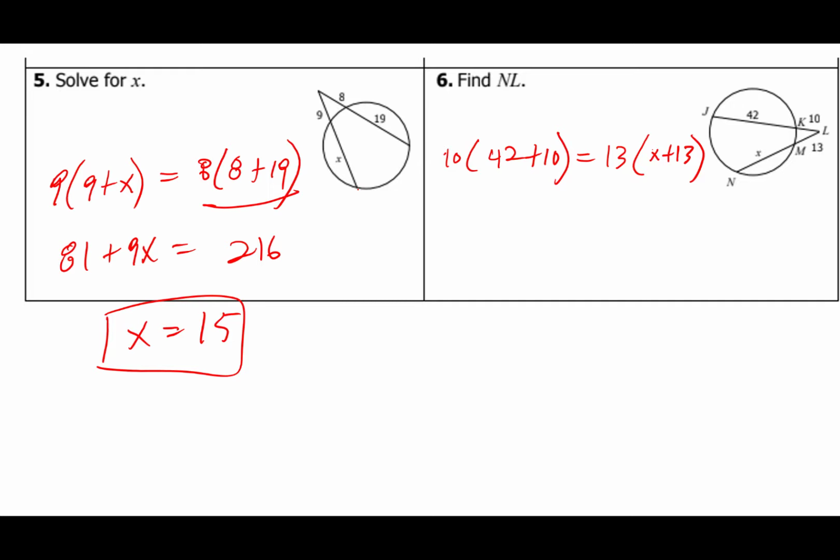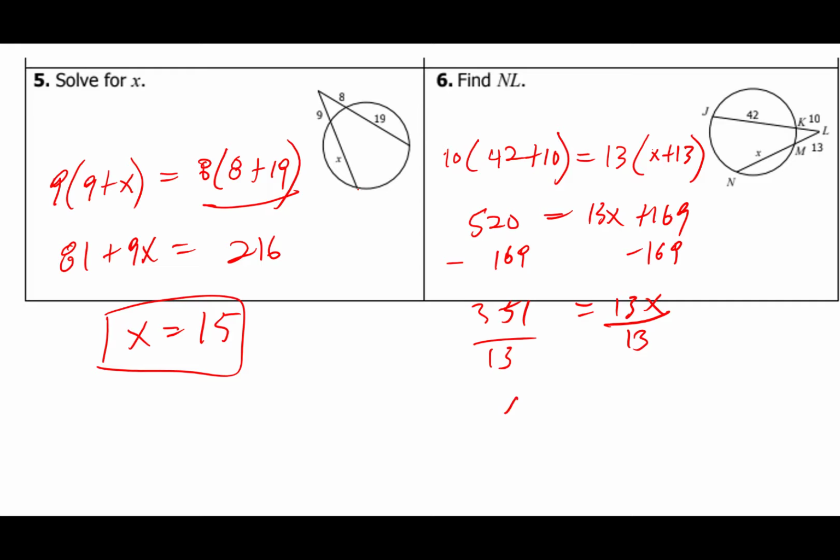So solving that, let's go through this one slowly together. 42 plus 10 is going to be 52 times 10, that's 520, equal to 13x plus 169. Solving that, taking 169 from both sides, I'm going to get 351 equal to 13x, divided by 13, divided by 13. I'm going to get x equal to 27. And that completes that problem.